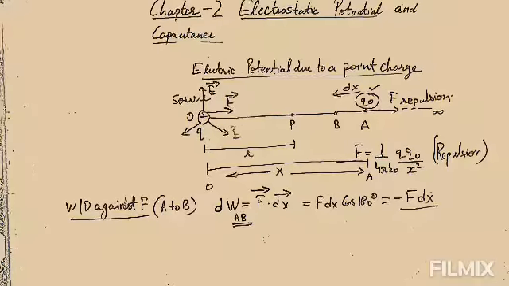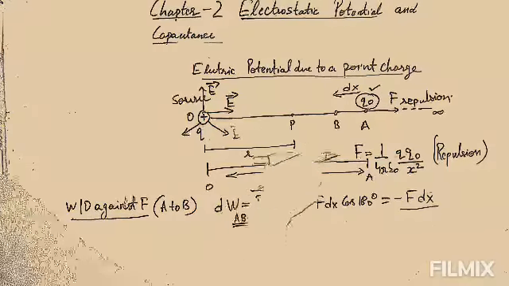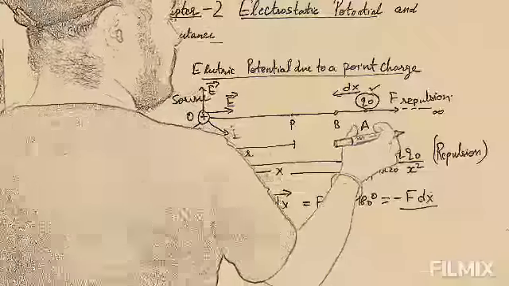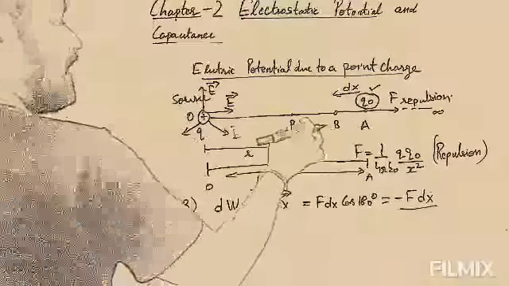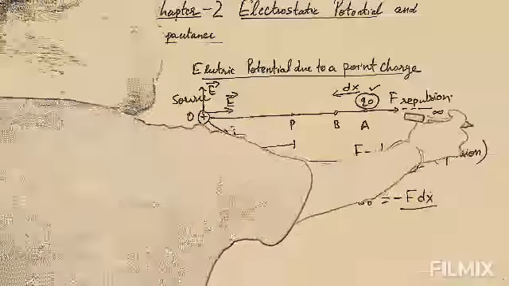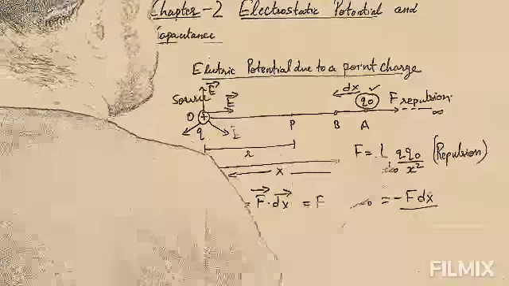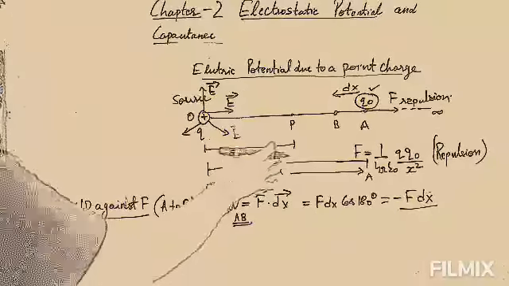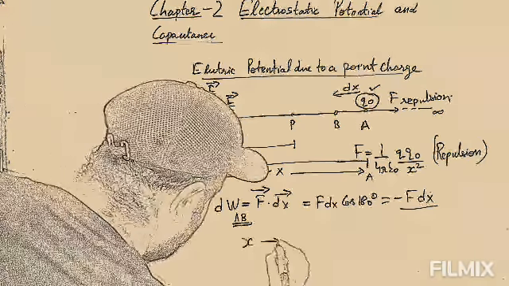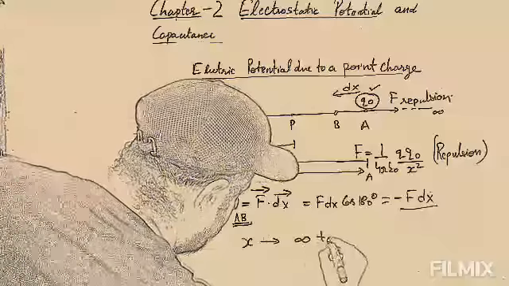Now basically the charge was coming from infinity, and it is being placed at point A, we have to shift it to point P. So the limit of x, the initial value is infinity, and the final value is taken to be small r. So x varies from infinity to r.